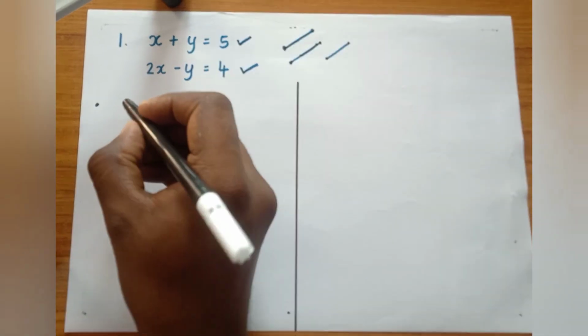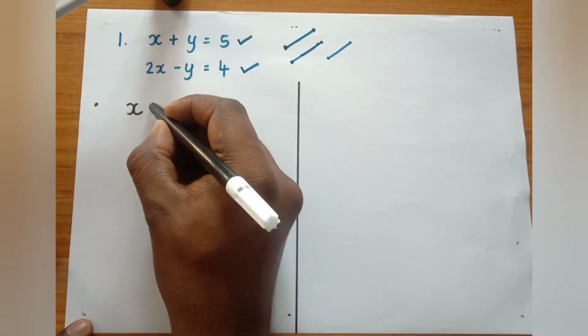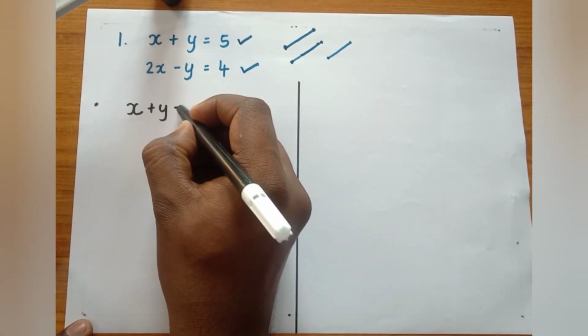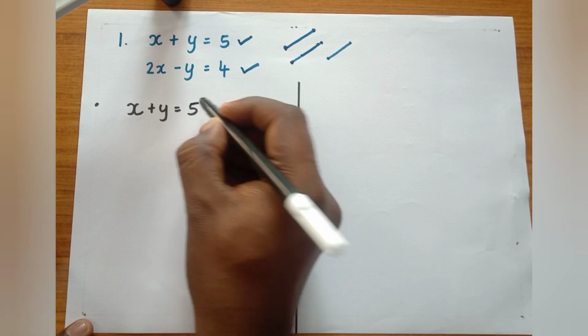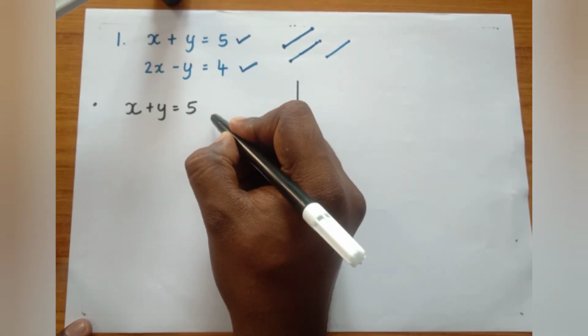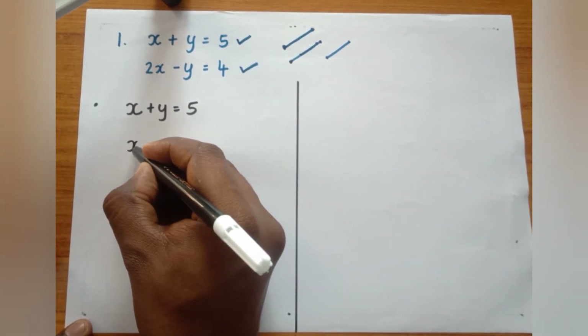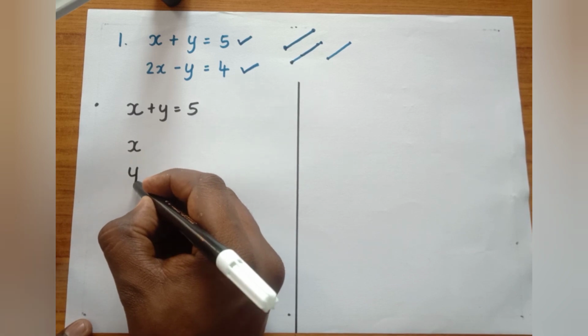Students, now we'll take the first linear equation, that is x plus y equals 5. We need to find a minimum of 2 coordinates to plot this equation. Now I'll form a table of x and y.